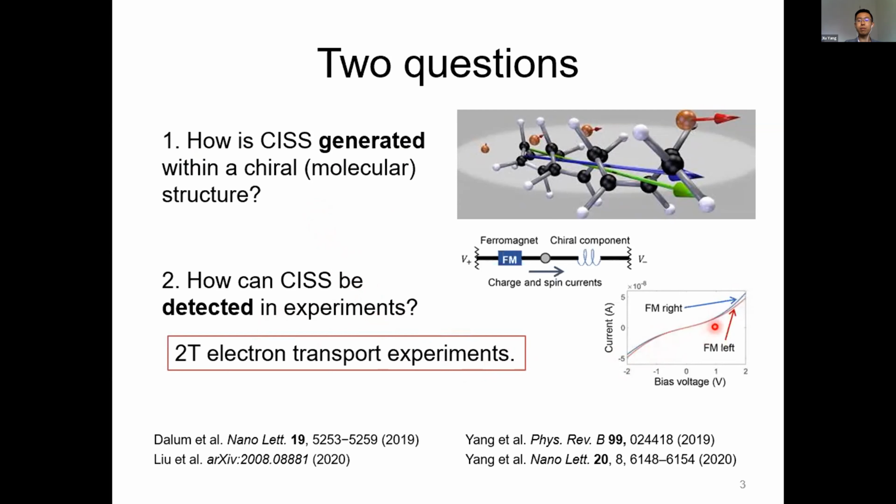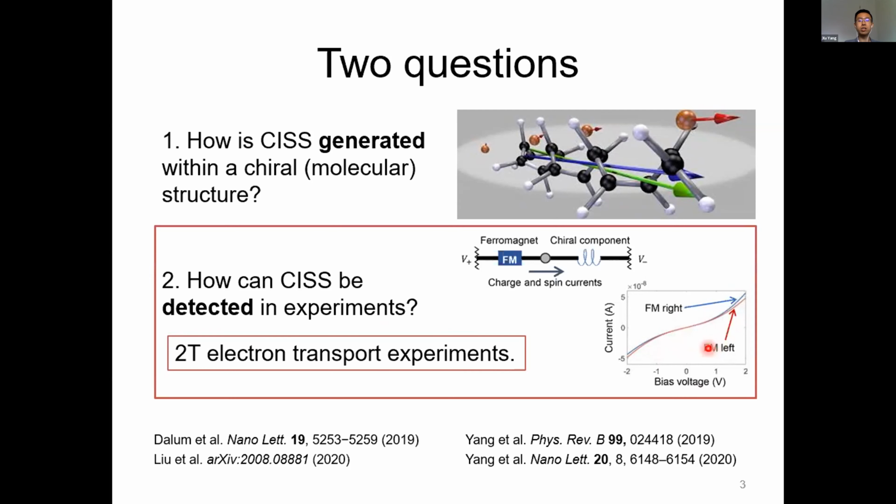But the beauty of this type of experiment is that even within this non-linear curve, we can identify a linear response regime that is close to zero bias. And there we have a lot of implications from fundamental symmetries. We can talk about what these implications are and how these signals must behave within these different linear and nonlinear regimes. So this will be the focus of my talk today.